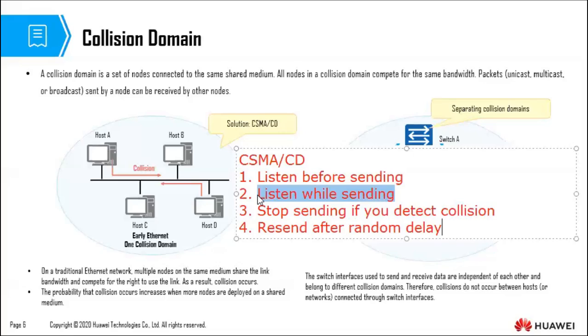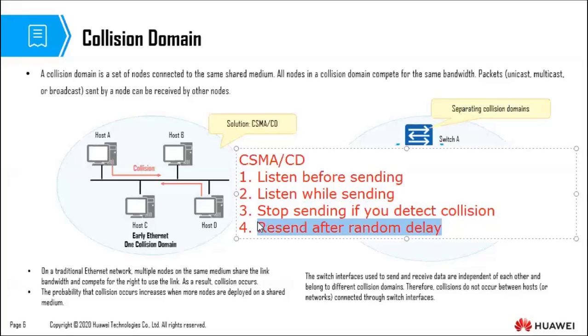Now, in case collision occurs on the line, the signals become unstable and the data is scrambled. That's how computers are able to know that collision has occurred. When you realize that collision has occurred, you have to stop sending. Then you wait for a random amount of time and repeat the process.